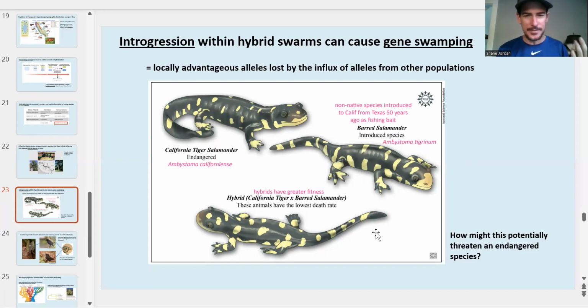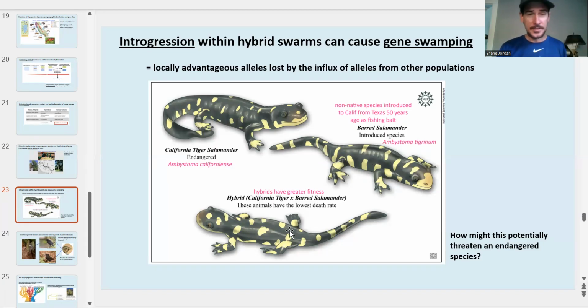These hybrids aren't pure California tiger salamanders. Their genomes are not purely composed of the same DNA sequences as the California tiger salamanders, many of which were their parents. They're instead a mix of genes from the California tiger salamanders and the barred salamanders.